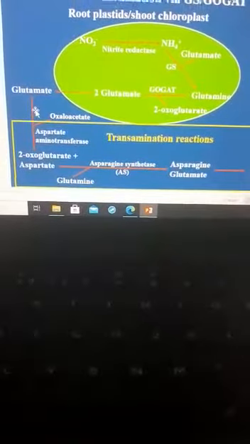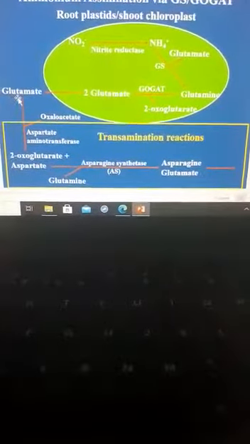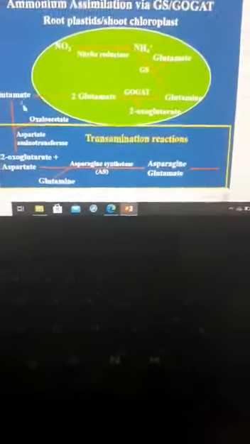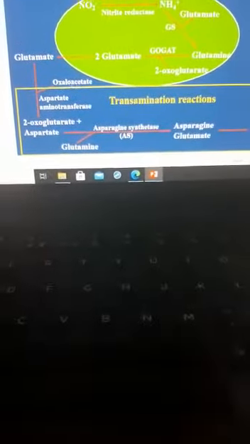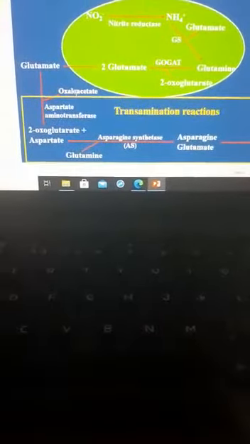So you get this glutamic acid interacting here, as an example, with an organic acid called oxaloacetate. This amino acid will transfer its amino group to the organic acid oxaloacetate.